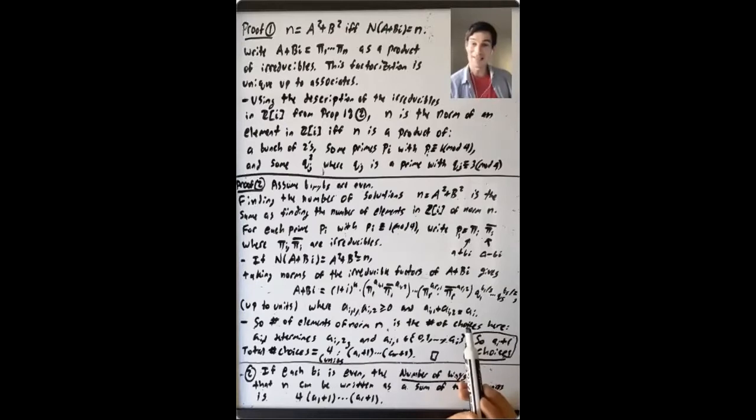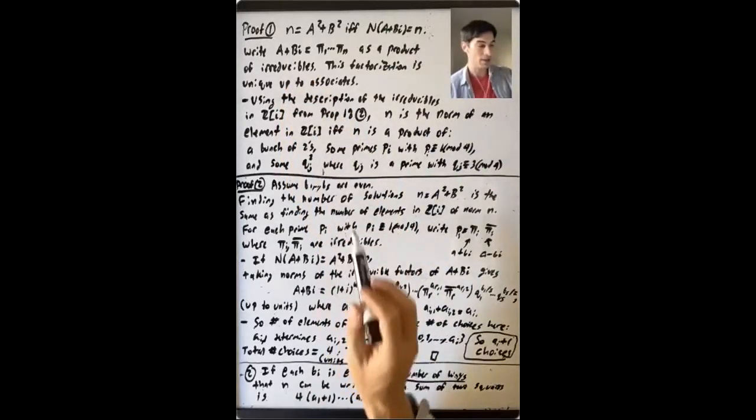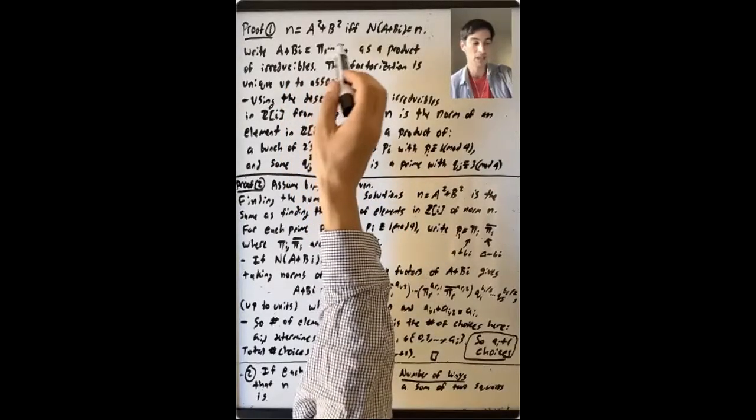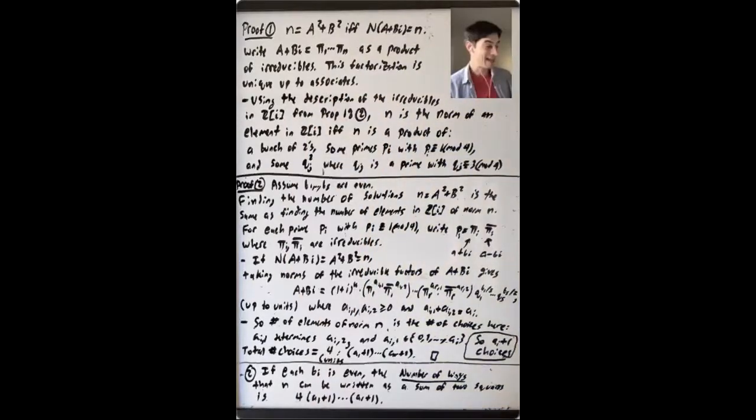So that means that in the factorization of a plus bi, there have to be exactly b1 over 2 irreducibles of norm q1 squared, right? The only way to pick up a factor of q1 in the norm is to have an irreducible that has norm q1 squared.